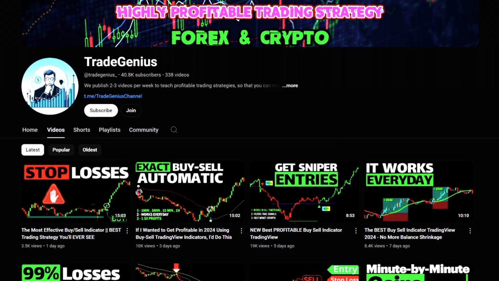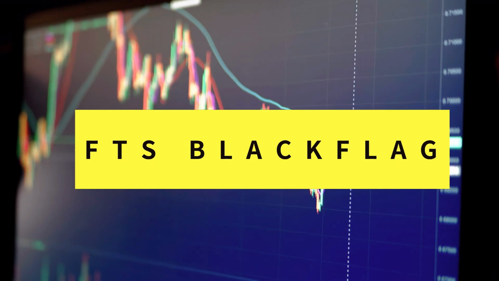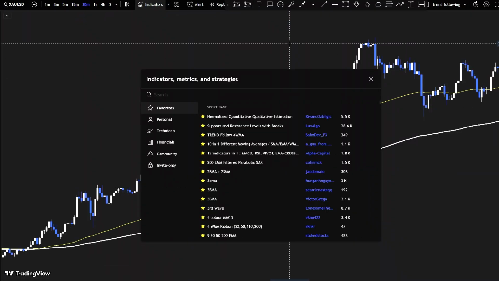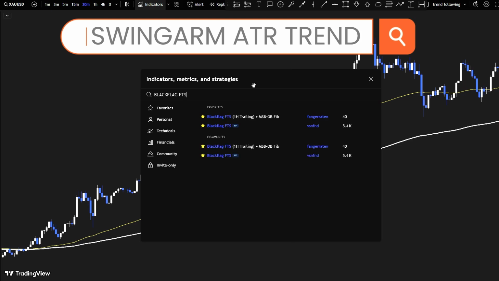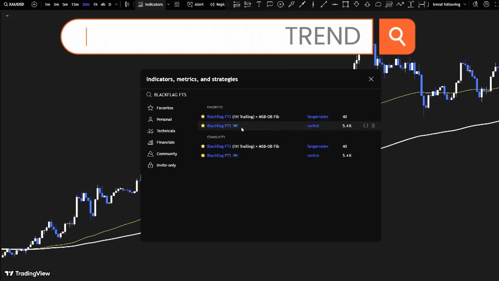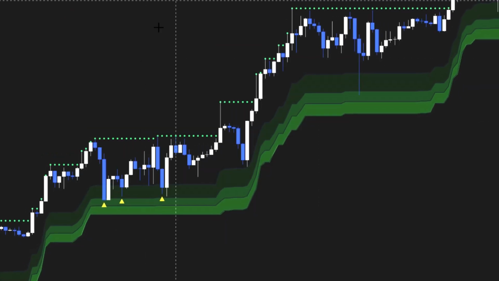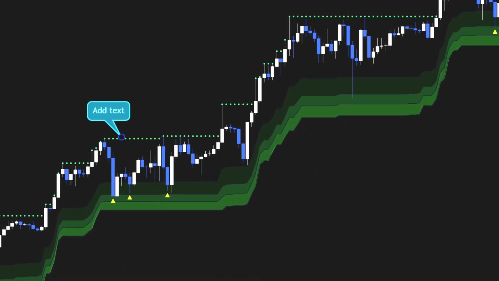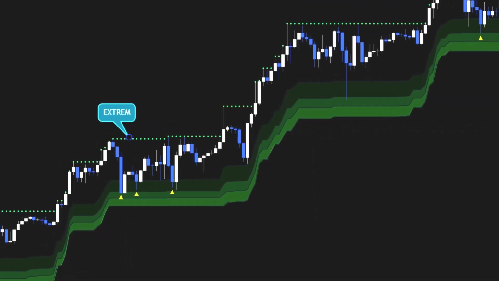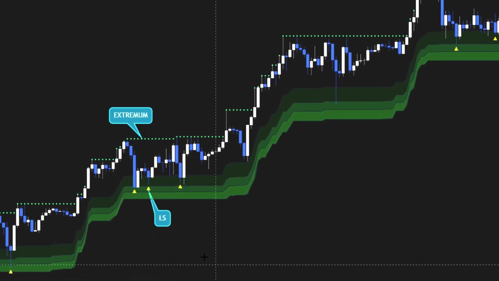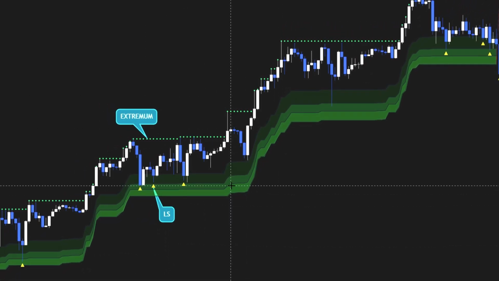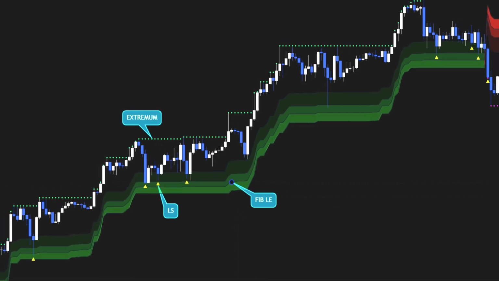Now the second indicator is called the FTS Black Flag indicator. When you add this indicator to your chart, it's going to draw some lines or bands, kind of like a ribbon that follows the price. You might see some other little things pop up too with this indicator, like dots or triangles on the chart.